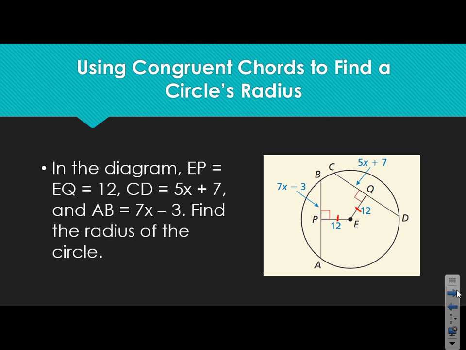What you need to figure out is the radius of the circle. It is not 12, I'll tell you that right now, because EQ and EP are not radii. They are just the distance from the center to the chord. That's 12, so your answer is not 12.